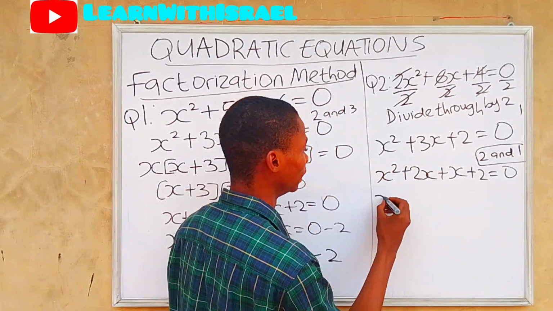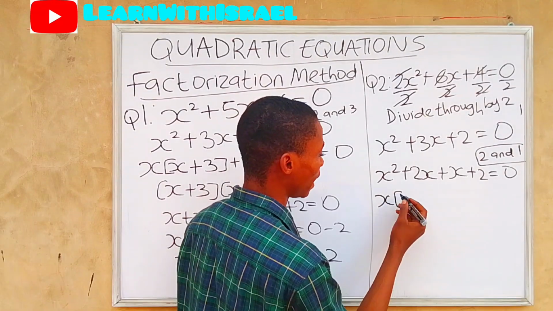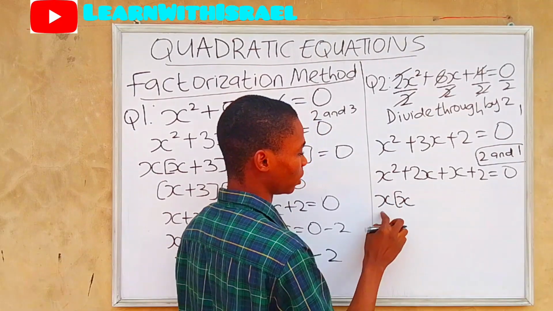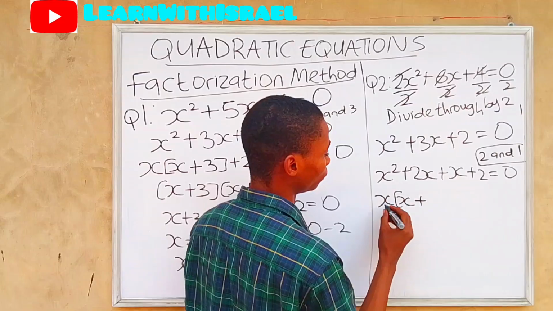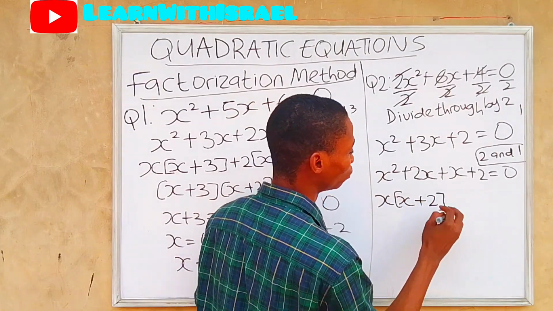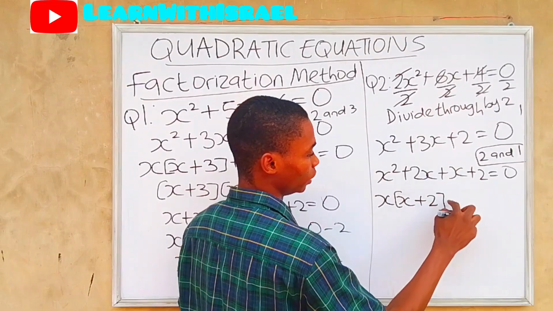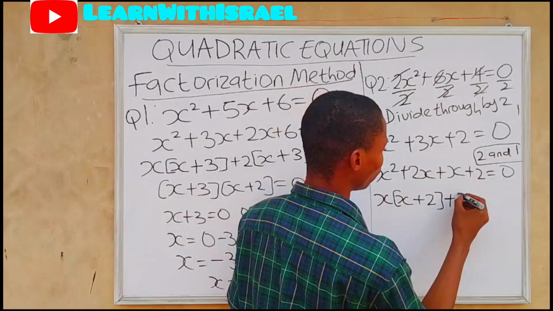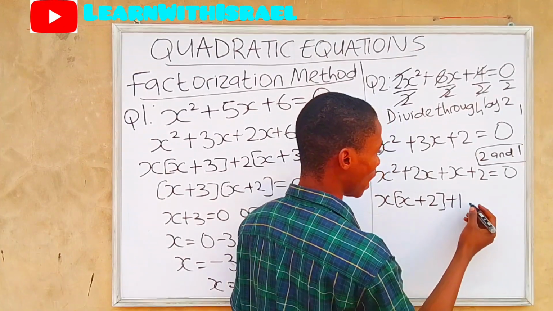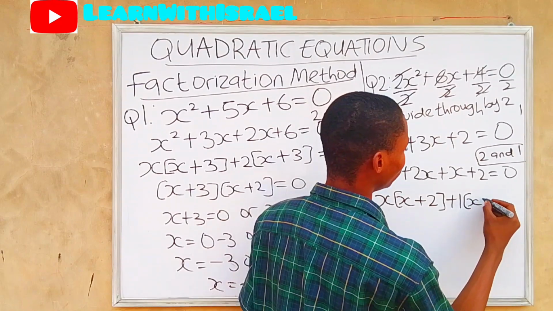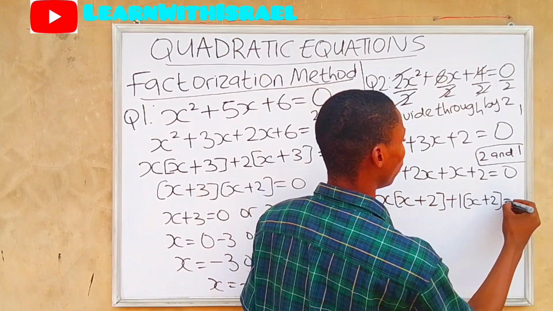So let's factorize x into bracket x, x multiplied by x will give us x squared, plus we add 2. There's no need of adding 2x because x multiplied by 2 will still give us 2x. With this, plus 1 into bracket x plus 2 equals 0.